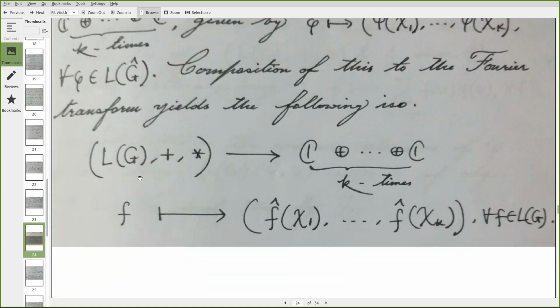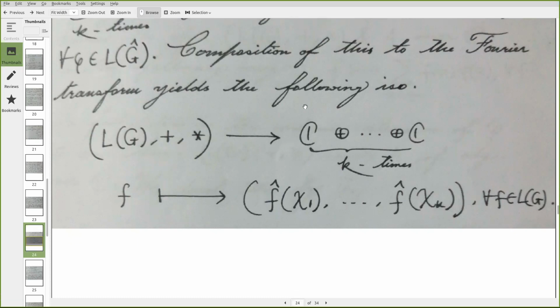It is from L(G) to k copies of C, and each f is mapped to the tuple where the ith component is the value of the Fourier transform of f at the point chi i of G hat. So this is an isomorphism now.